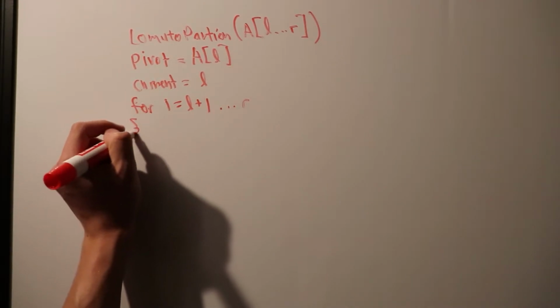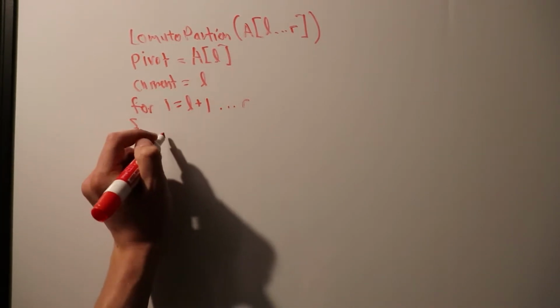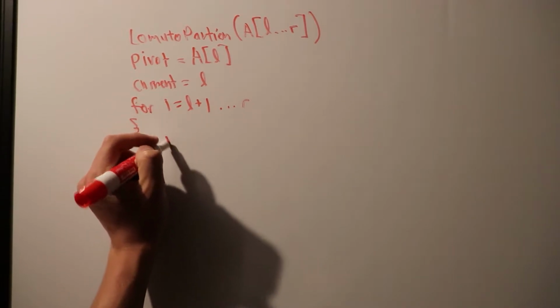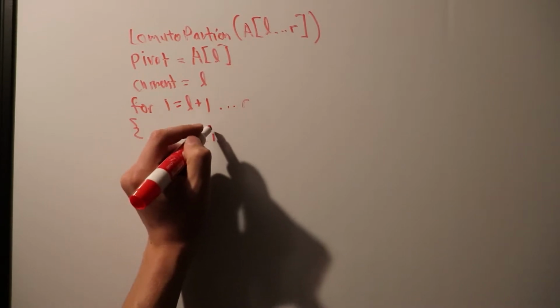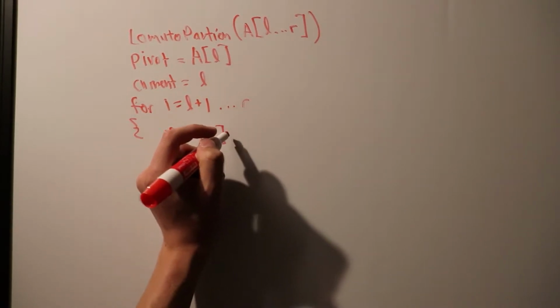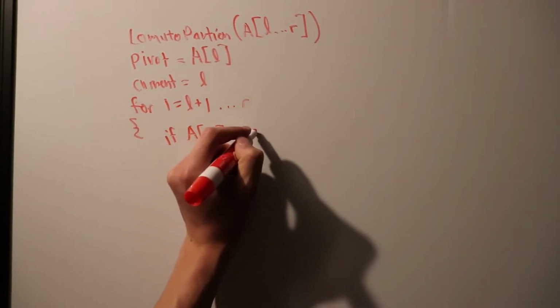Those will be our curly braces. If the array at index i is less than our pivot, what do we need to do?